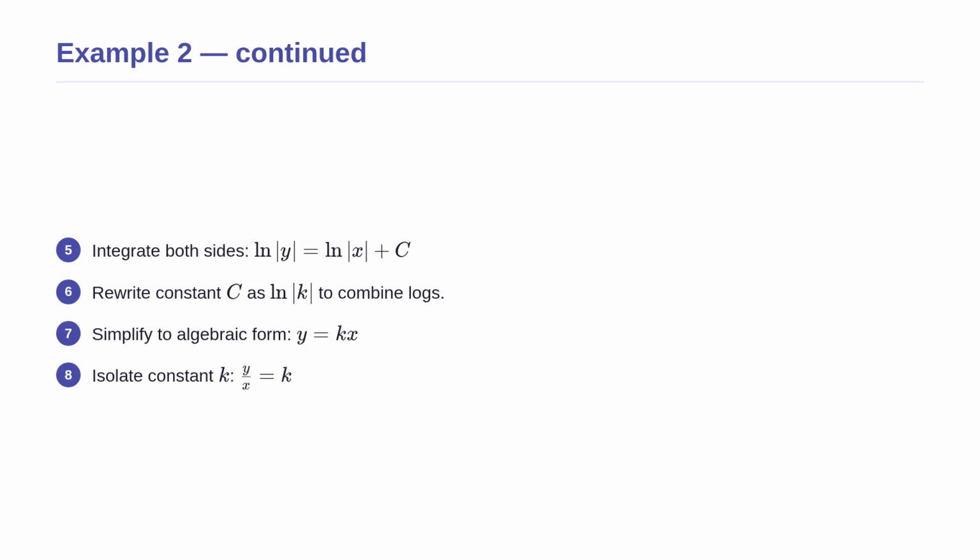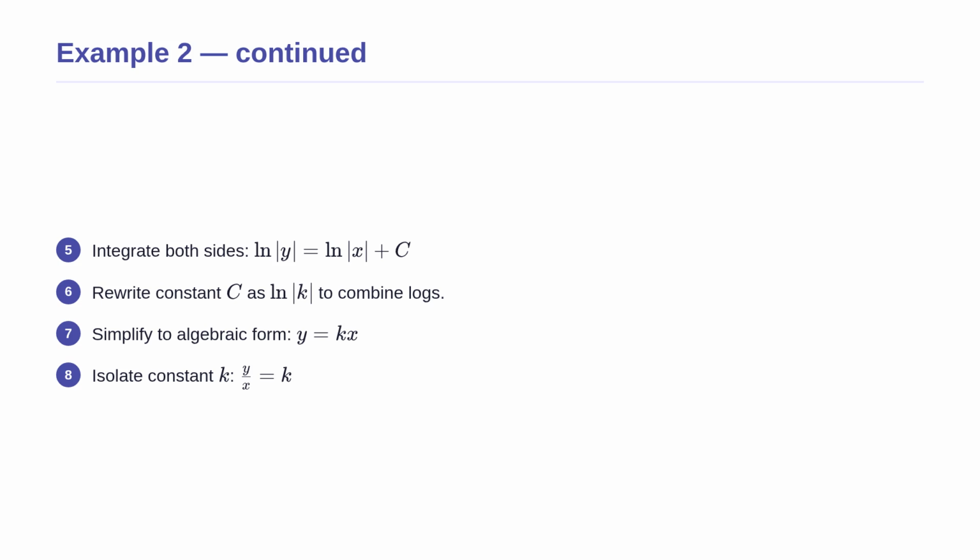Continuing with our variable coefficient example, we now integrate both sides of our separated equation. From basic calculus, the integral of 1 over a variable is the natural logarithm of that variable. This gives us the natural log of y equals the natural log of x plus a constant of integration c. Having logarithms everywhere makes the algebra messy.